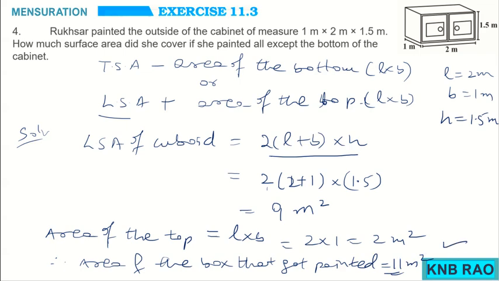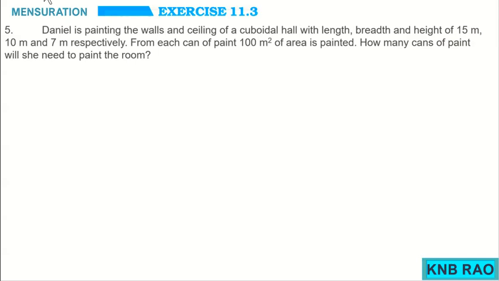Moving on to question number 5. Daniel is painting the walls and ceiling of a cuboidal hall with length, breadth and height of 15 meter, 10 meter and 7 meter respectively.